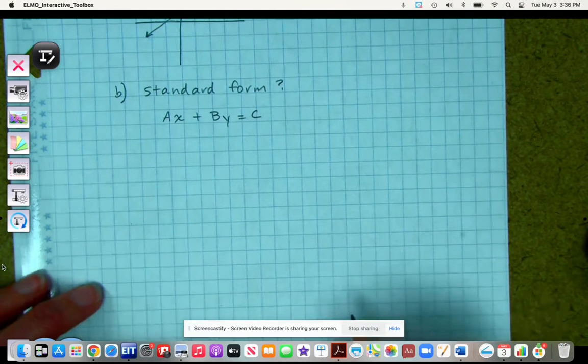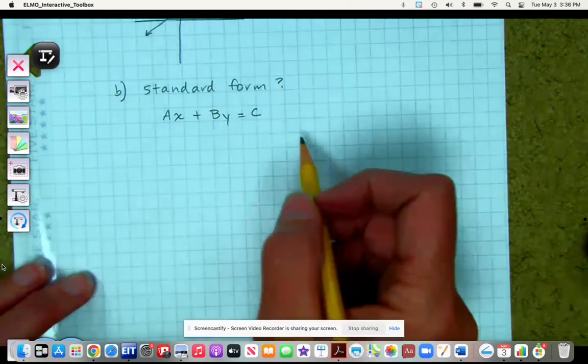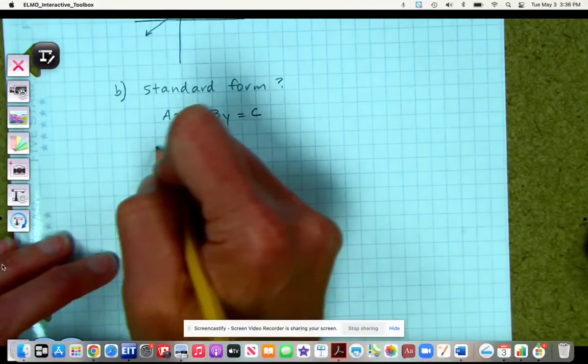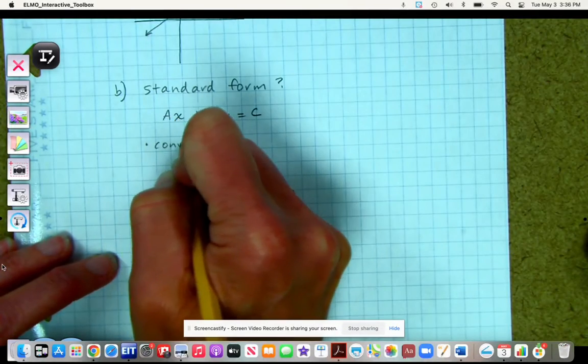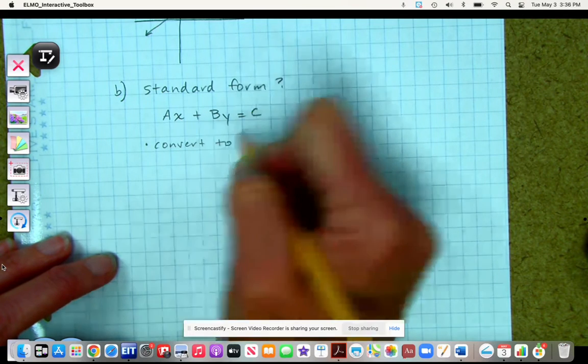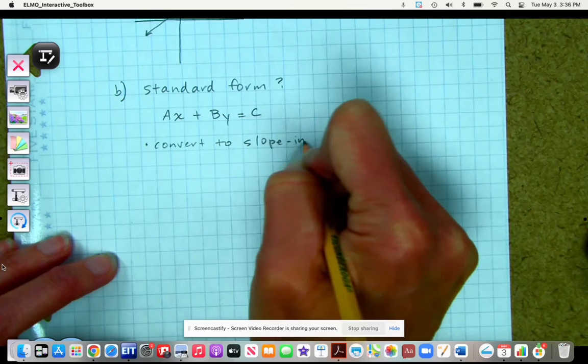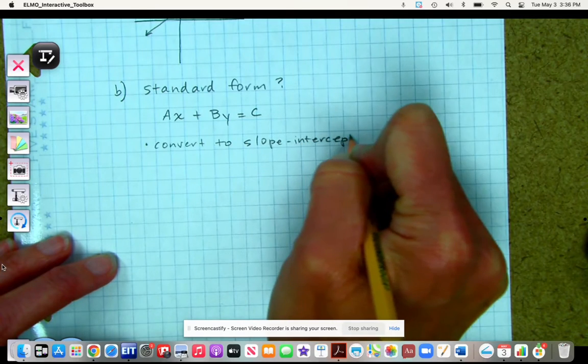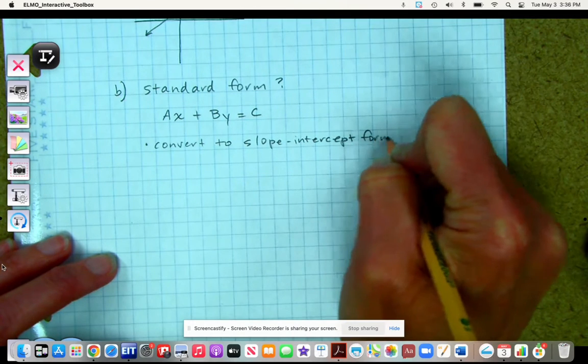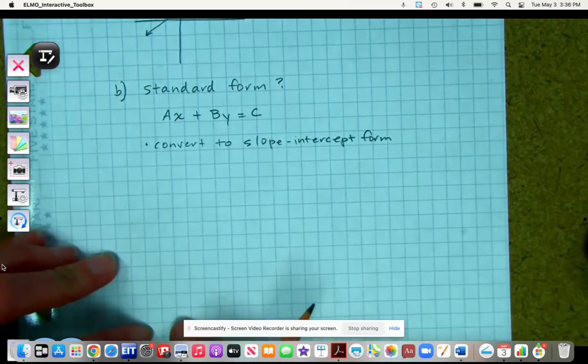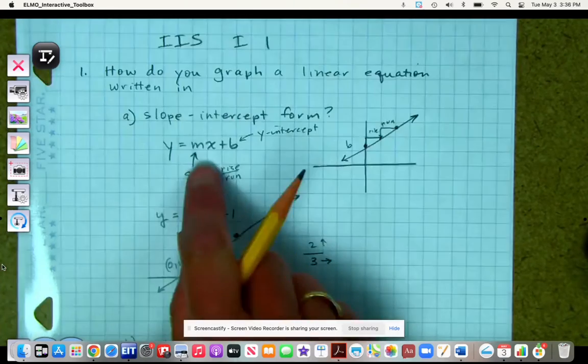Okay, so we've got a couple options on how to graph that. We could try and convert to slope-intercept form. I'll go over how to do that on the next page, but basically we could convert it into one of these.